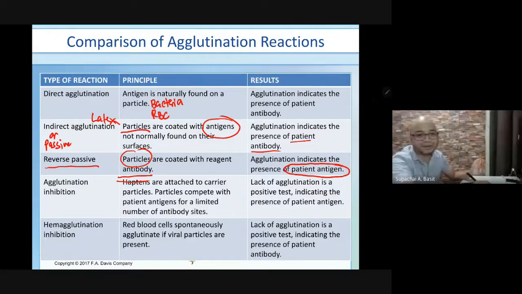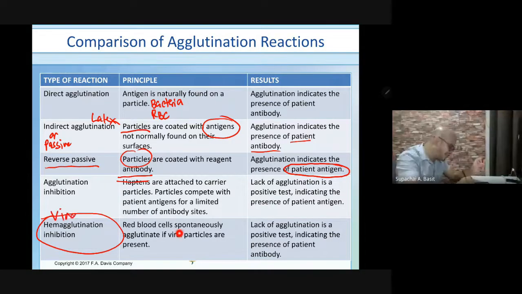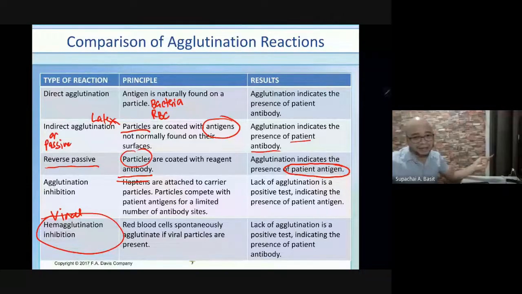So the lack of agglutination or no agglutination indicates a positive reaction, which means that the presence of patient antigen is positive. So hemagglutination inhibition is more appropriately termed as the viral hemagglutination inhibition, wherein RBC spontaneously agglutinate if viral particles are present. So lack of RBC agglutination indicates the presence of patient's antibody. So, I hope that it is clear.